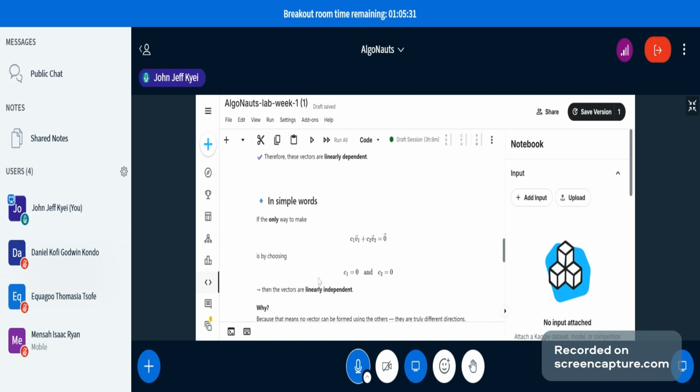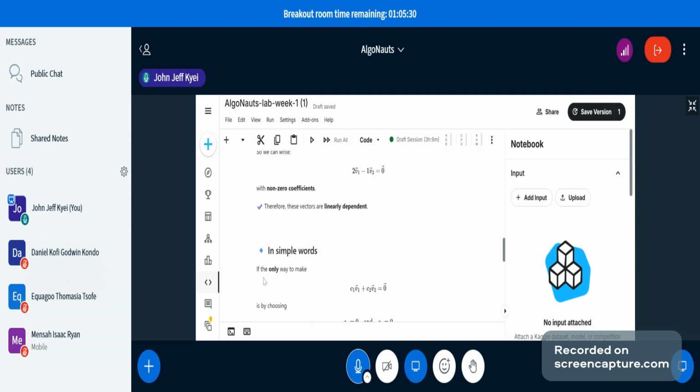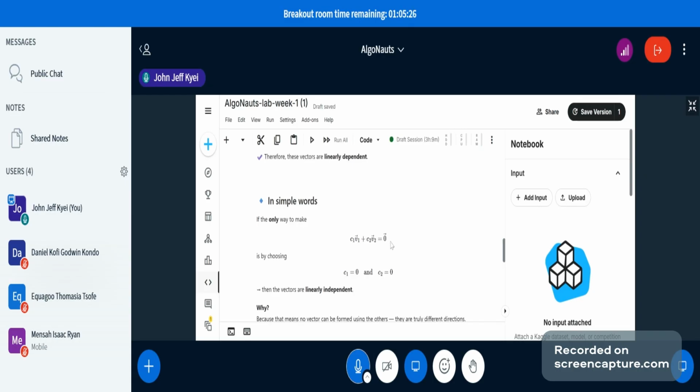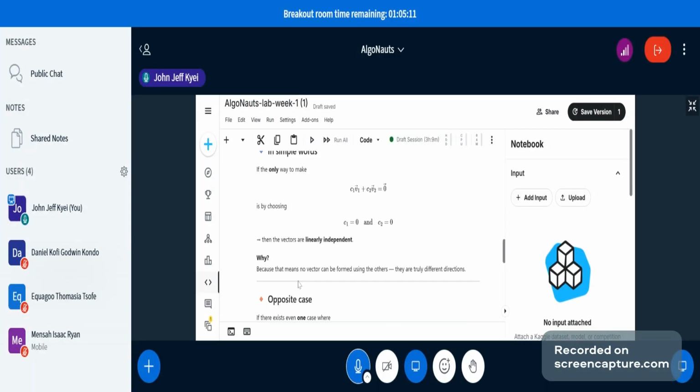So in simple words, if the only way to make this scalar combination become zero is by choosing the constants to be 0, then these vectors are linearly independent, because it means that no vector can be formed using the others, and they are truly in different directions.